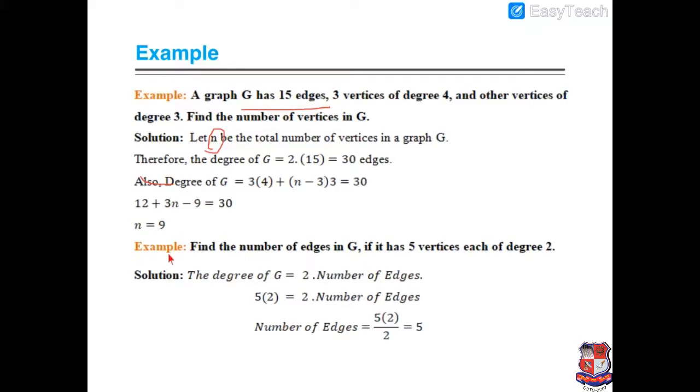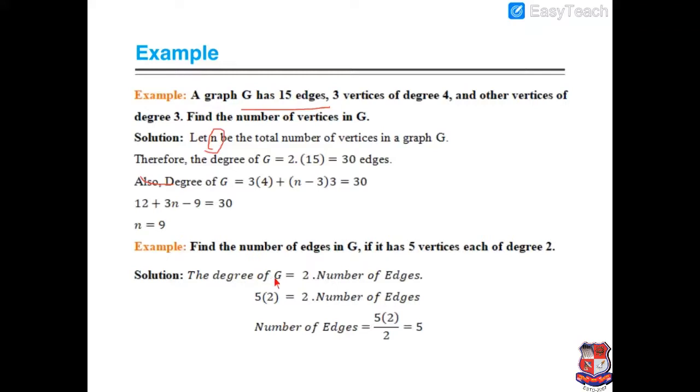Now, let us discuss another example. Find the number of edges in a graph G if it has 5 vertices each of degree 2. So, we know that the degree of G is equal to 2 into number of edges because of theorem number 1. So, degree of G is equal to, here 5 vertices each of degree 2.